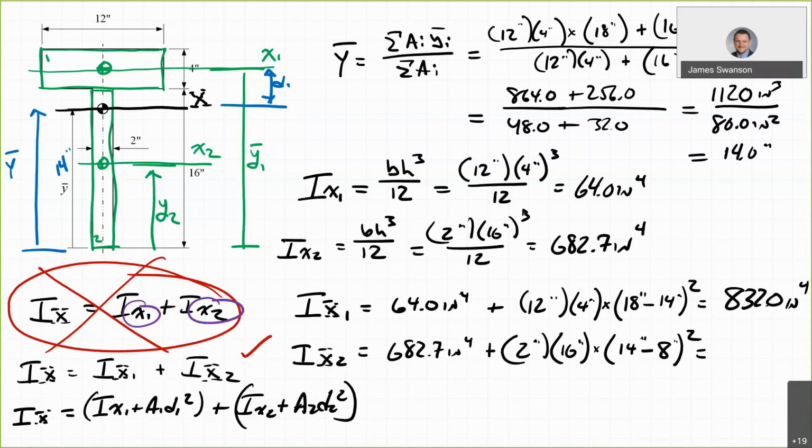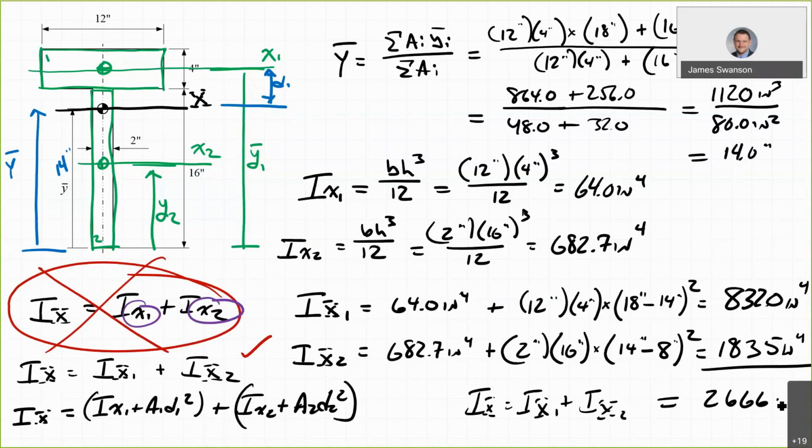I square that, multiply by 16, multiply by 2, and add in 682.7, and I get 1,835 inches fourth. Now I can add those two together, so I sub big X is equal to I sub big X1 plus I sub big X2, and that's equal to 2,666 inches to the fourth.